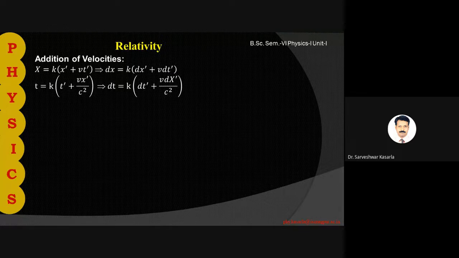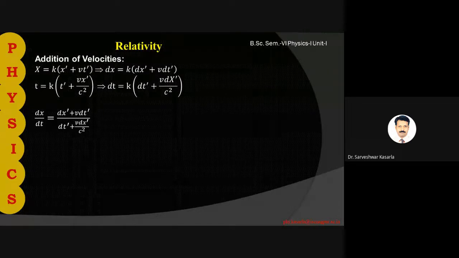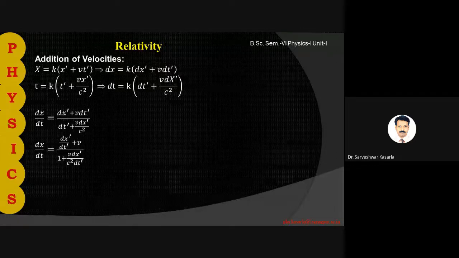Now for the velocity we need dx by dt. So dx by dt is equal to, if you divide the right hand side, k will cancel: dx dash plus v dt dash upon dt dash plus v dx dash upon c square. If you further divide numerator and denominator by dt dash, you will get dx dash upon dt dash plus v upon 1 plus v dx dash upon c square dt dash.